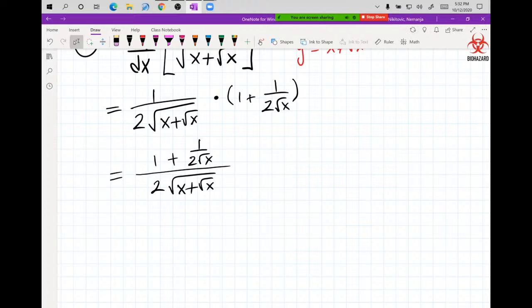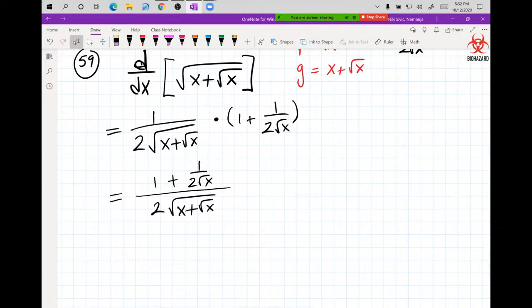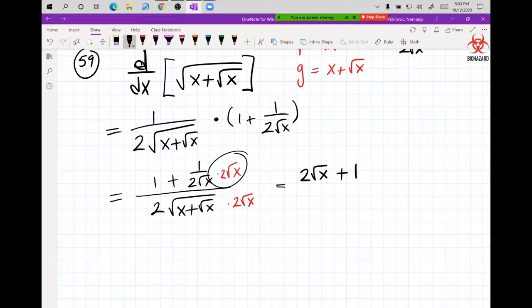So now we do some algebra. We can say times 2 root x over 2 root x, to get the double fraction out. So that becomes 2 root x plus 1, because this will distribute to both.